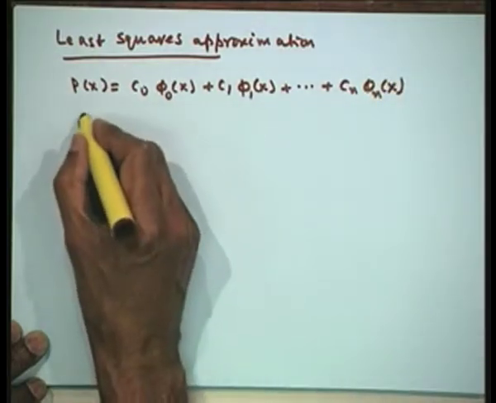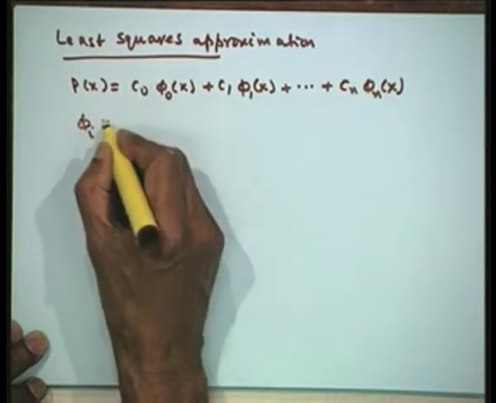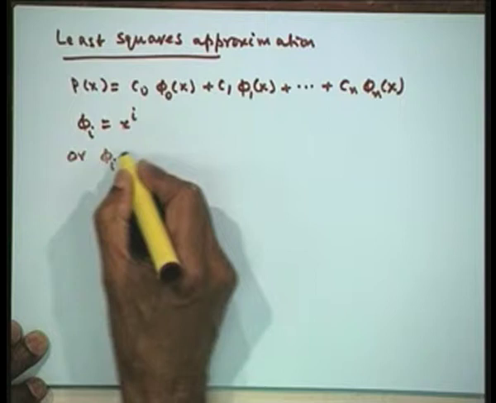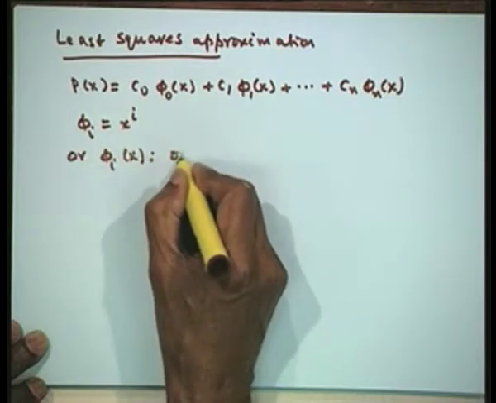We have chosen these phi I x as simply equal to x to the power I, or we have chosen phi I x as orthogonal polynomials.